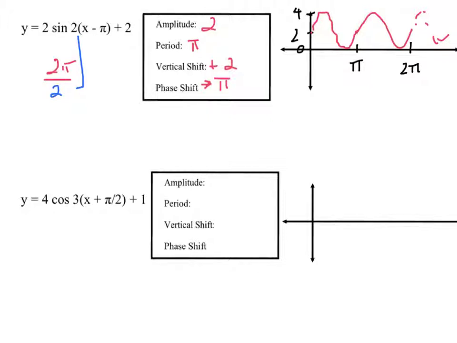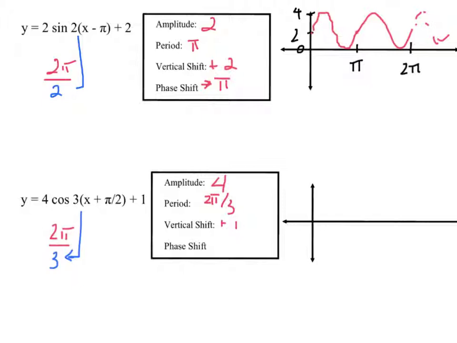Alright, last example. In this one, the amplitude is 4. Period, we always do 2 pi divided by b, so 3. So our period is going to be 2 pi over 3. Vertical shift is up 1 unit.